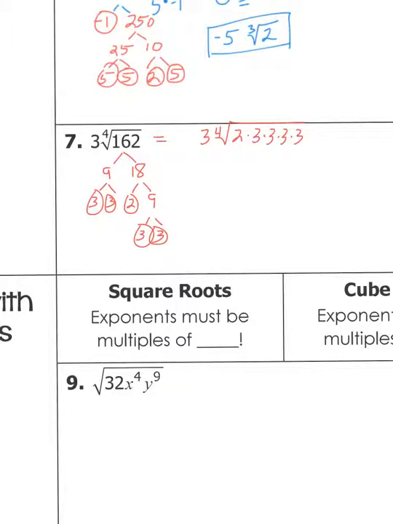So my index is 4, so I want groups of 4. So there's only one group of 4 I can make, which is right there. That's going to pull out in front as a 3. So that 3 gets multiplied to the 3 already out in front. So 3 times 3 is 9. 4th root, that 2 gets left underneath.